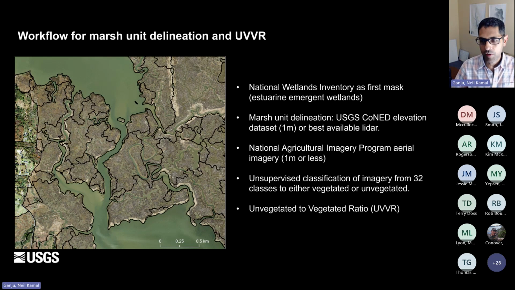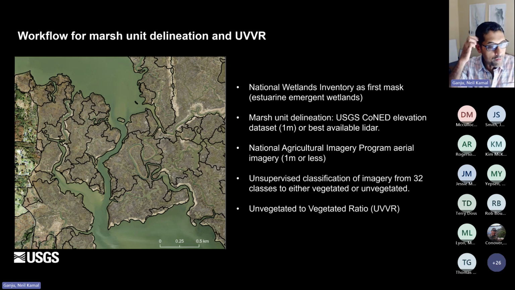And we use elevation data from LIDAR or the CoNED to break the marsh into individual hydrologic units based on topography, as well as ditch features and upland features like you see here. As opposed to something pixel-based, the idea was that a marsh unit is more tangible for a manager who might be looking at individual parcels that are separated by ditches or by uplands.